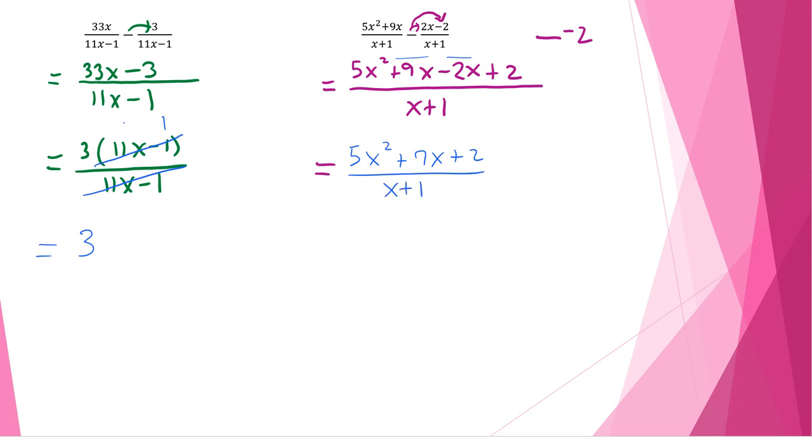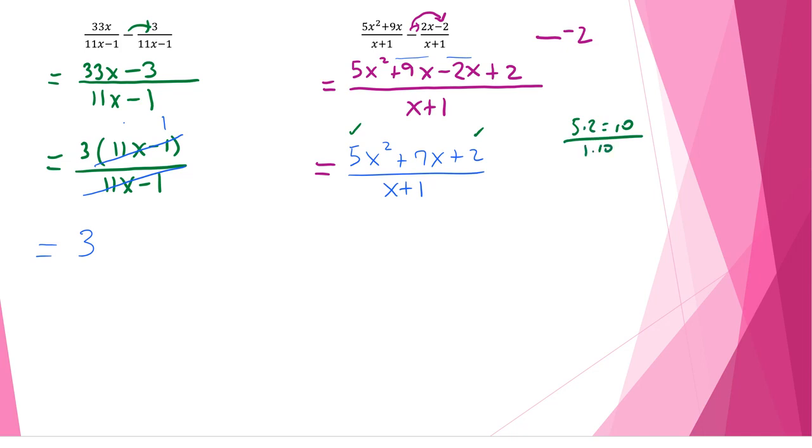Now, I need to check to see if I have any common factors between the numerator and denominator. And the way we figure that out is we check to see if there's a factor pair that works for this problem. So let's see here. 5 times 2 is 10.